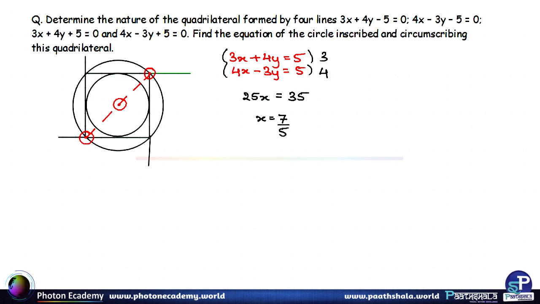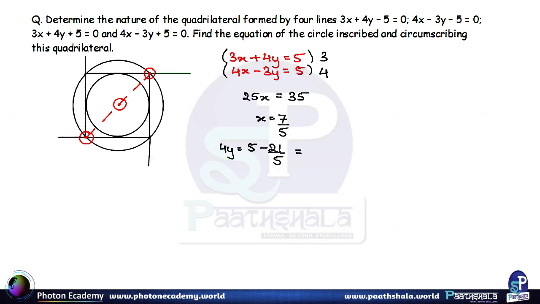Substituting it in the first equation, 21 by 5, so 4y is equal to 5 minus 21 by 5. So this will become, 4 will get cancelled and we are left with 1 by 5. So one of the points is 7 by 5 and 1 by 5.